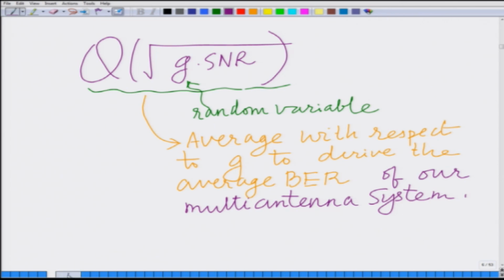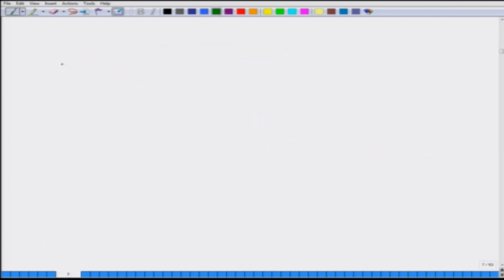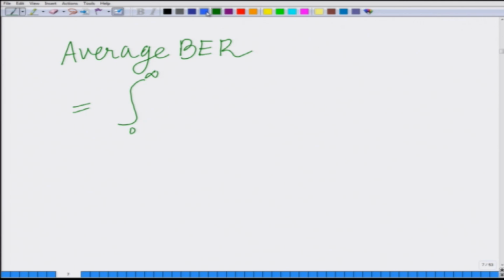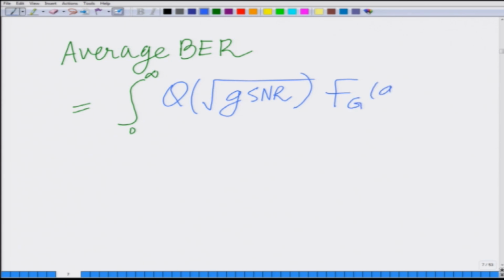And now this average bit error rate can therefore be obtained as the integral from 0 to infinity of Q of square root of G times SNR times the distribution of G, that is f of G.